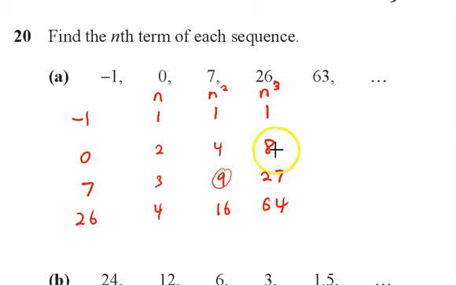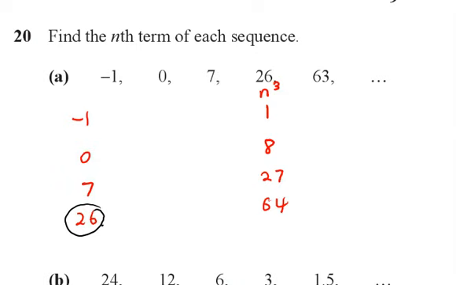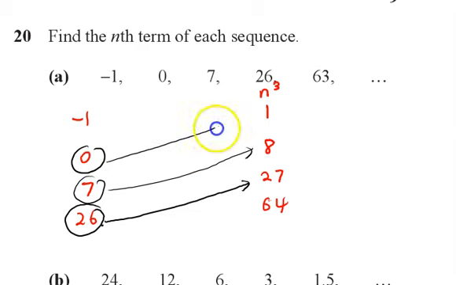Alright, so if you notice, the number is related to the previous number. Now look at here. So let me erase the n and also the n square. So now look at this. Okay, so they are related to here. So now I'm going to rearrange it again to make it 0 first.